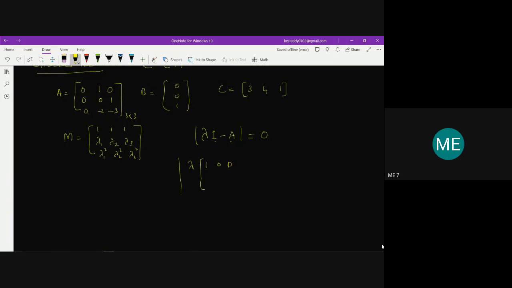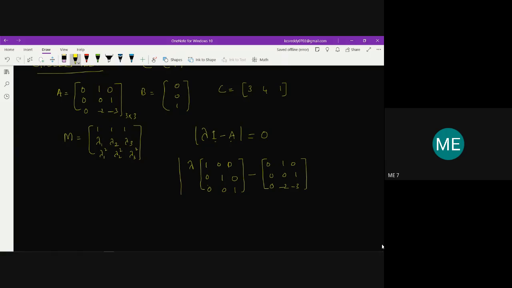Sorry, 1 0 0, 0 1 0, 0 0 1. So this is the identity matrix. Then minus A. A we have as 0 1 0, 0 0 1, then 0 minus 2 minus 3.